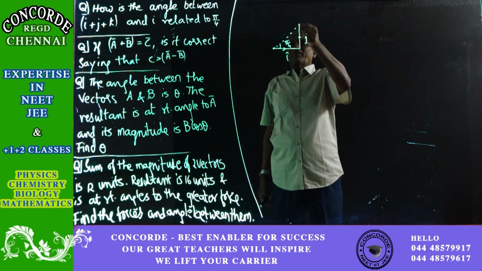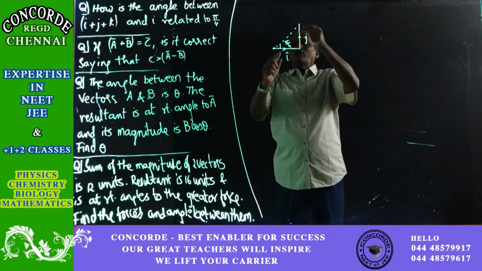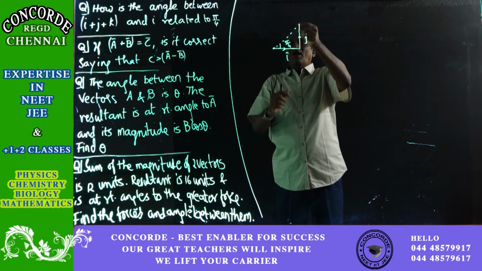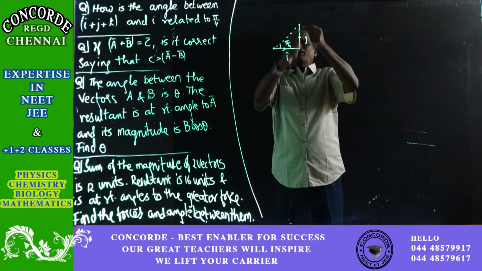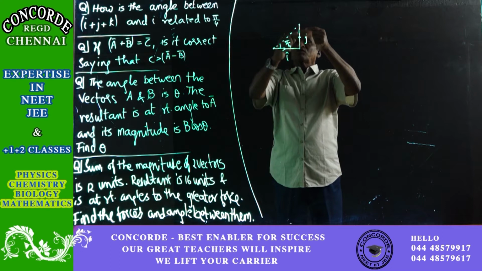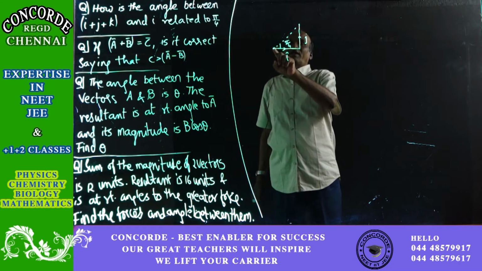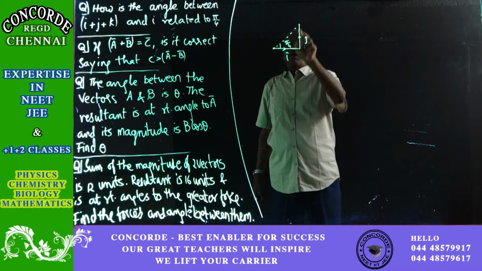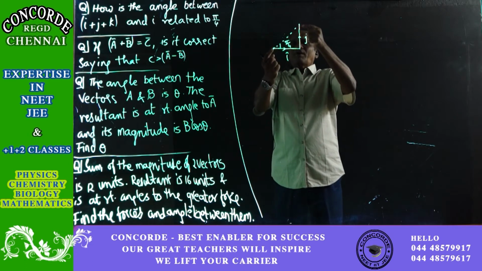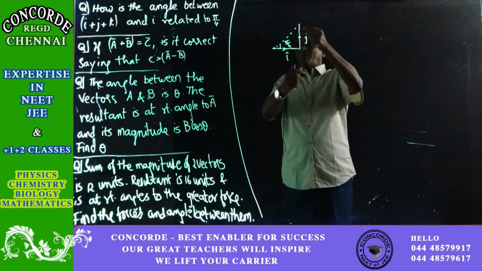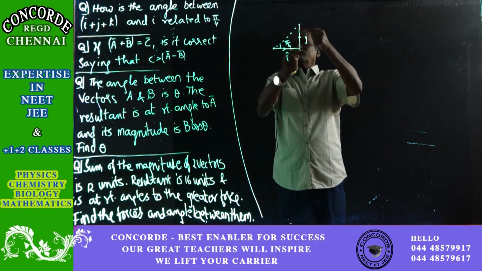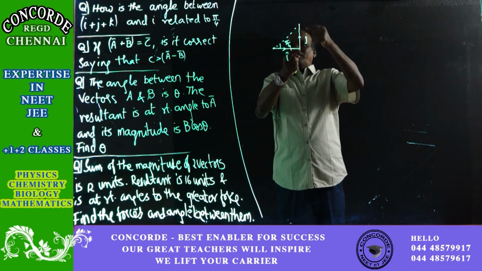So it is 45 plus another 45, the two angles. This is pi by 4, and from here, if you join these two, this is going to be another 45 or pi by 4. So it is pi by 4 plus another pi by 4 if you happen to join these two. So here you will get another 45.